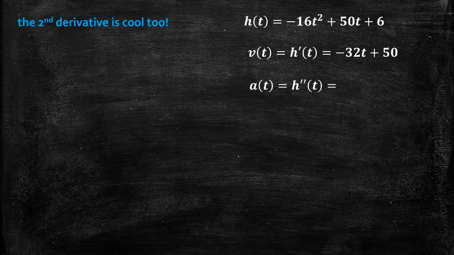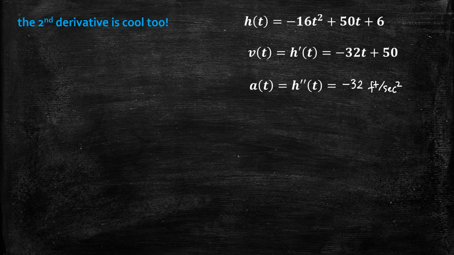So if we took the second derivative, we would be left with negative 32. The t would disappear, as would the 50. And that should come as no surprise. Negative 32, what are the units of that? It's feet per second squared. And that's the acceleration due to gravity on Earth.